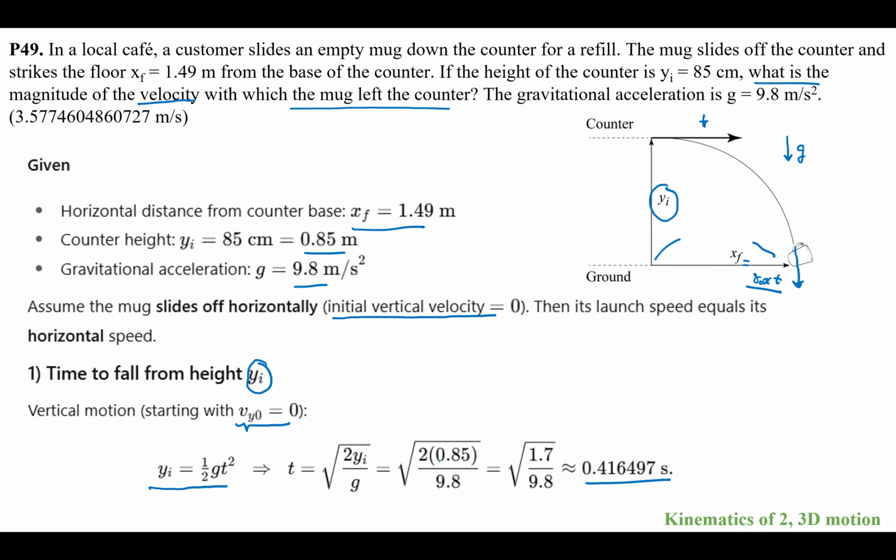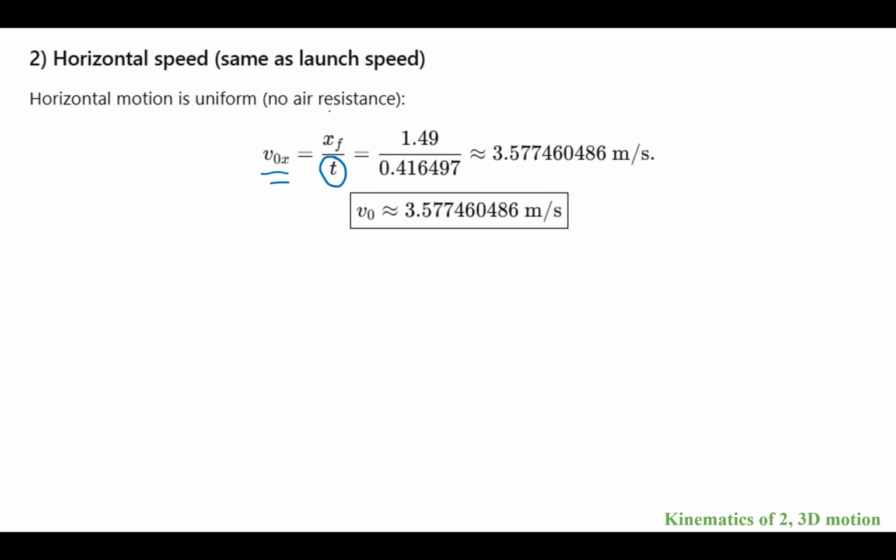Note that difference. Why? The vertical motion is under the influence of a gravitational force, so it is t squared. But in the horizontal case, xf is nothing but v0x times t, linear in time with the velocity. And we know what the xf is, and now we know what the t is, such that we have this one.